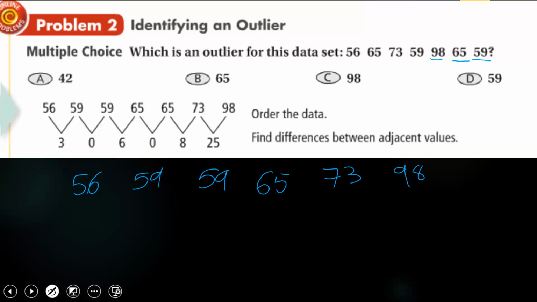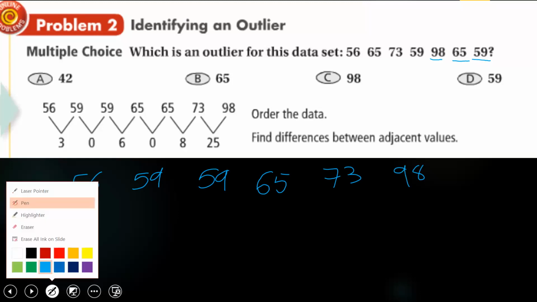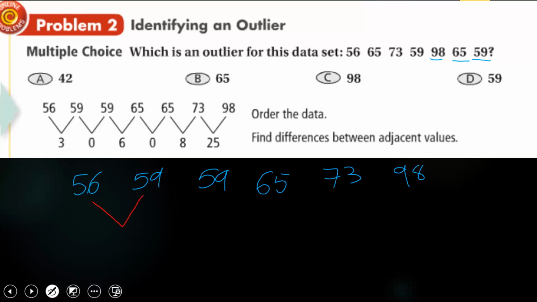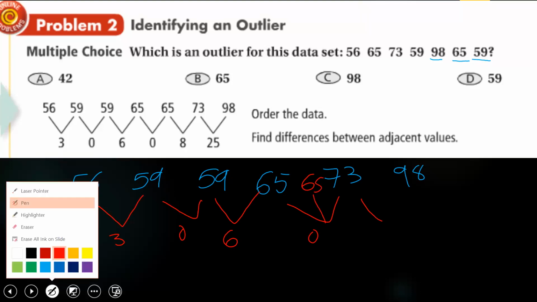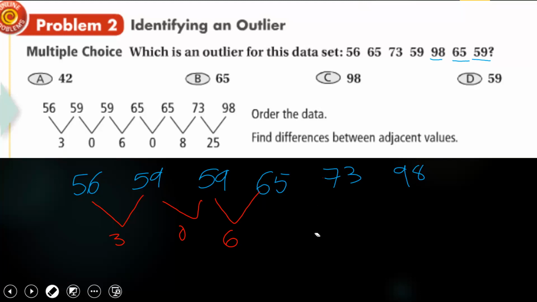Now, how can I know which one is the outlier? We only have to take the difference between two adjacent values. So here we have 3, 0, 6, 0, 8, and 25.